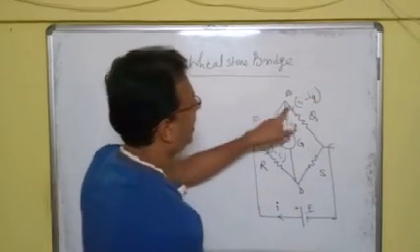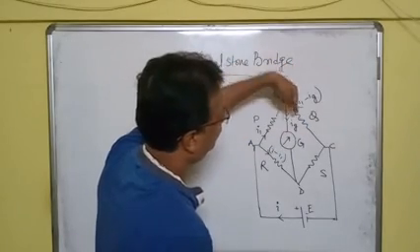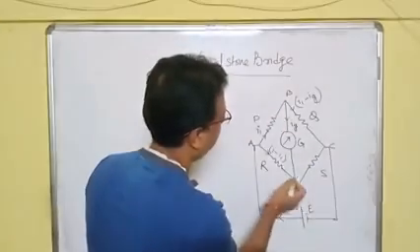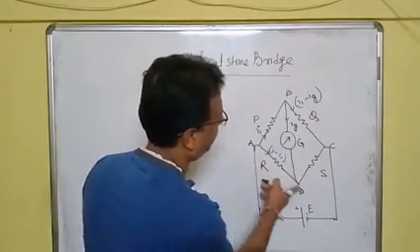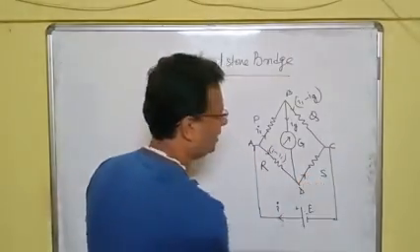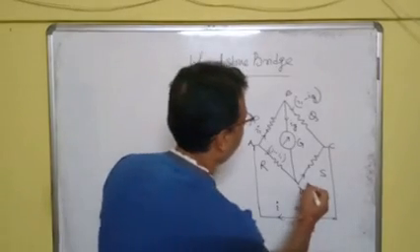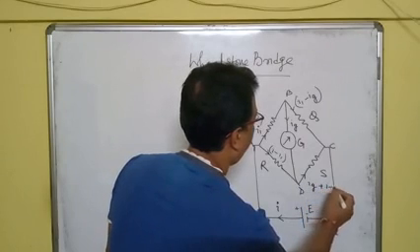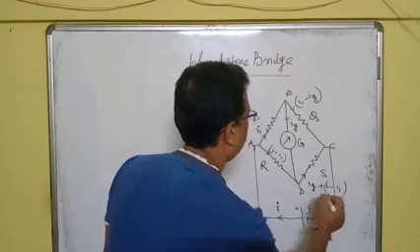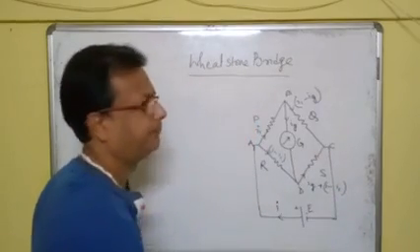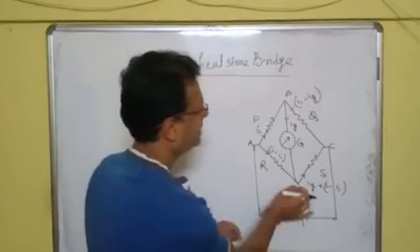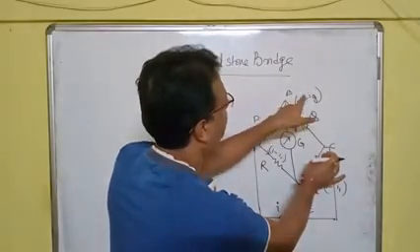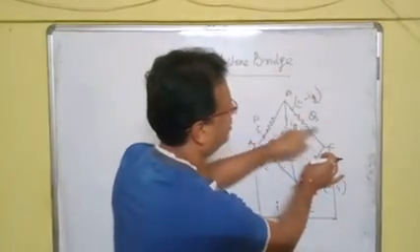So this I1 minus Ig goes to the point C. From the point D, we see that Ig and I minus I1 are joining together, and an amount of current Ig plus I minus I1 is moving towards the point C. Now this amount of current is moving from D to C, and an amount of current I1 minus Ig is moving from B to C.